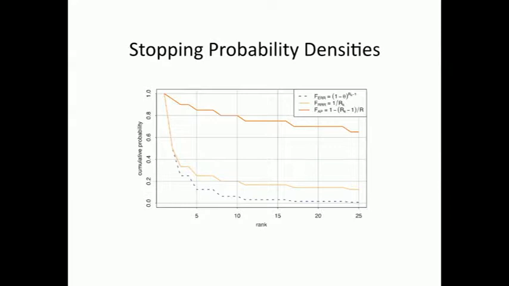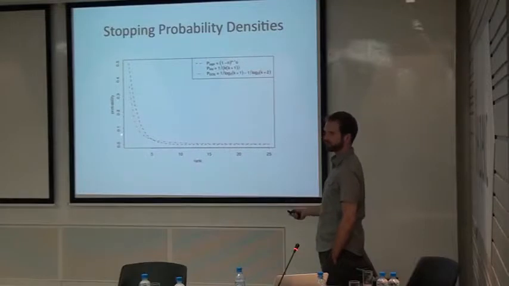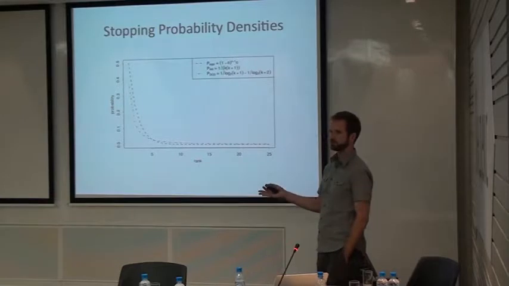So if it's not relevant, then the probability will be 0. If it is relevant, then the probability will be this geometric distribution. And then our cost function is going to be 1 over k. So essentially it's a 1 over cost function, or inverse cost function, or reciprocal cost function. So it's 1 over the number of documents you have to look at to achieve this r sub k level of utility.